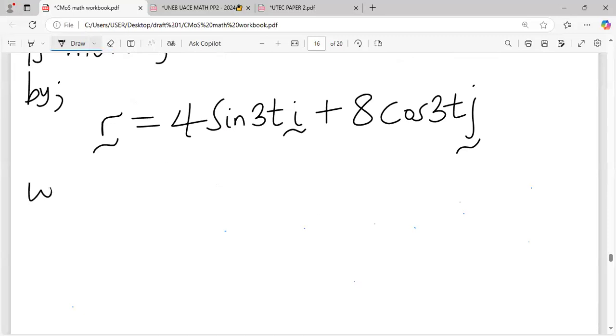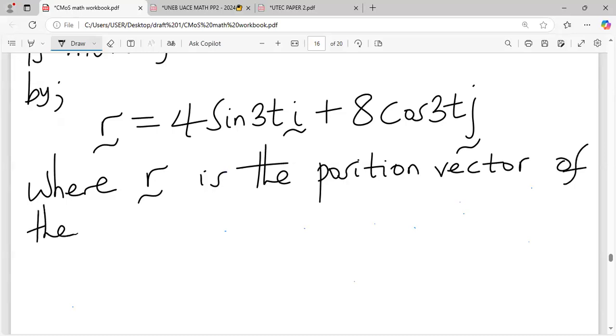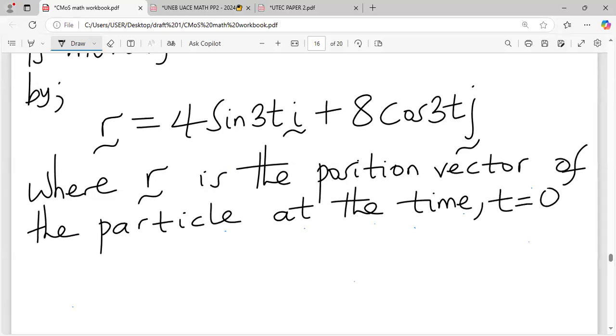So yeah, they are saying where r is the position vector of the particle at time t, the time t equal to 0.